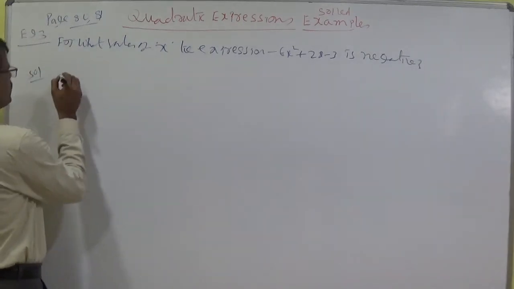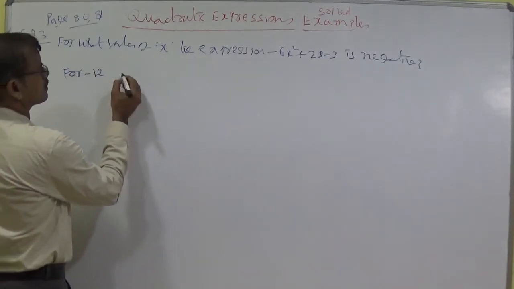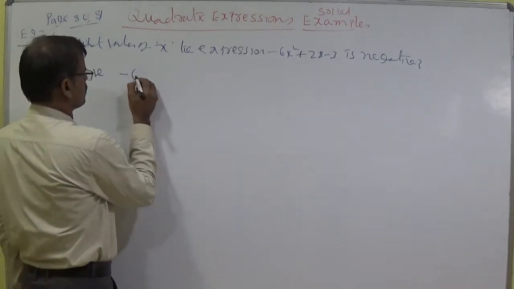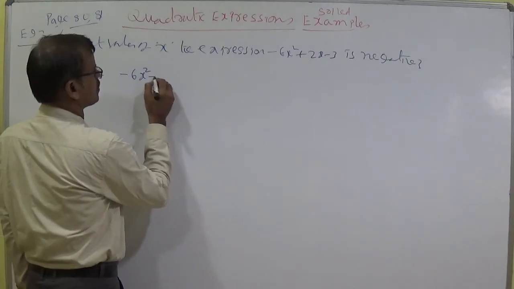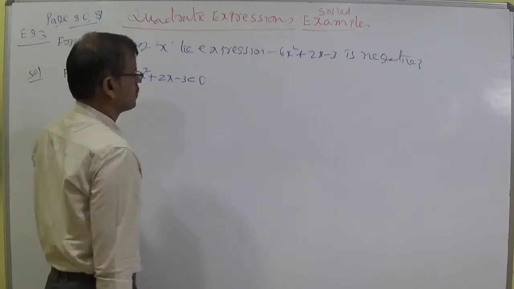You should write: for negative, the expression minus 6x square plus 2x minus 3 is less than 0.